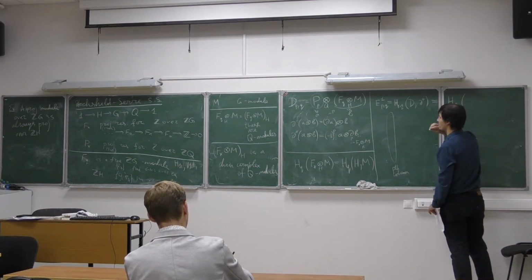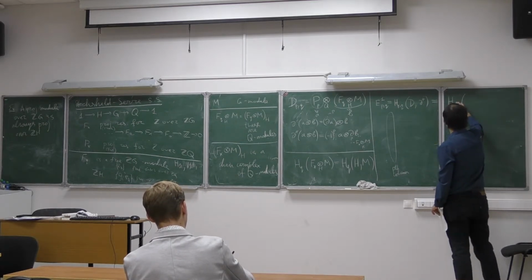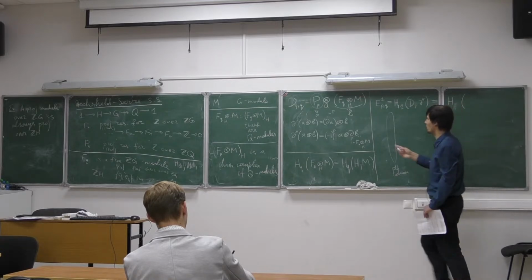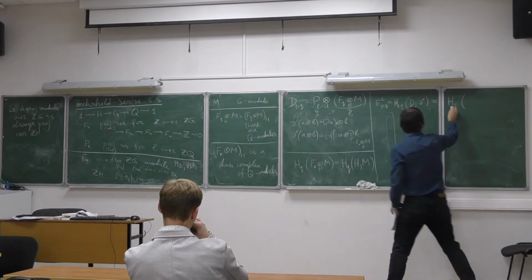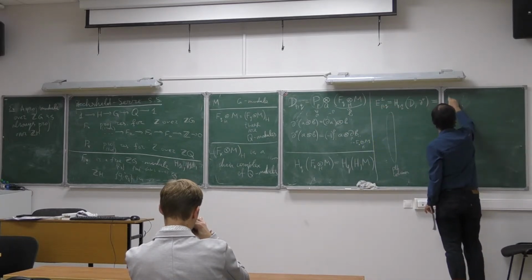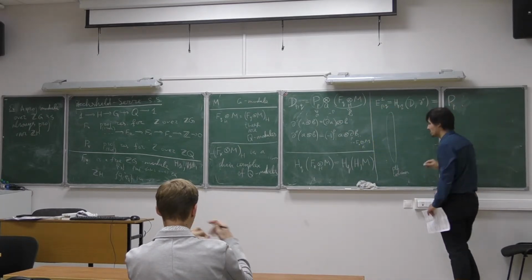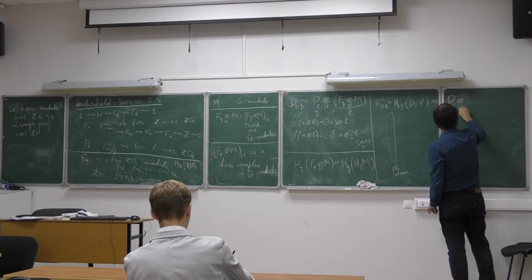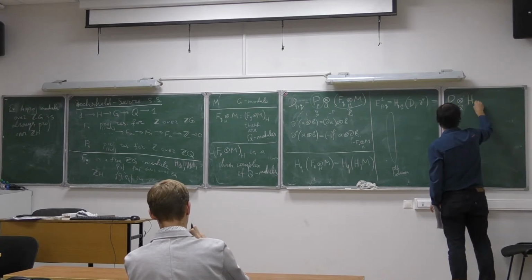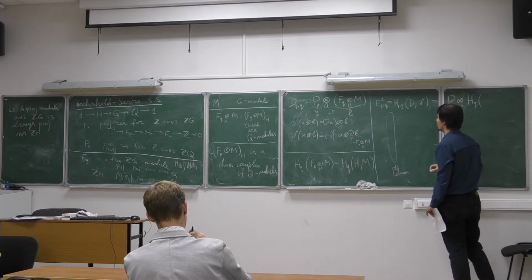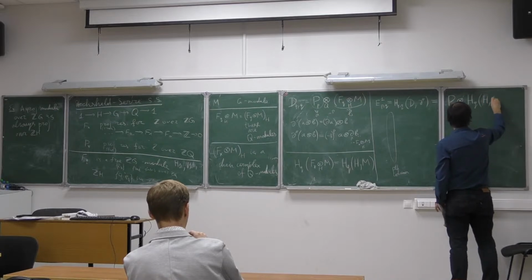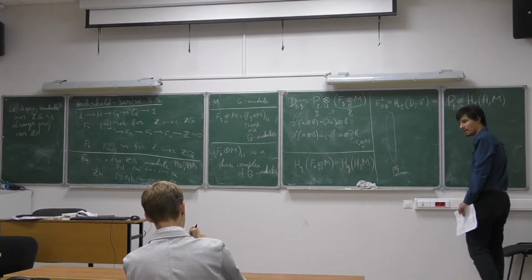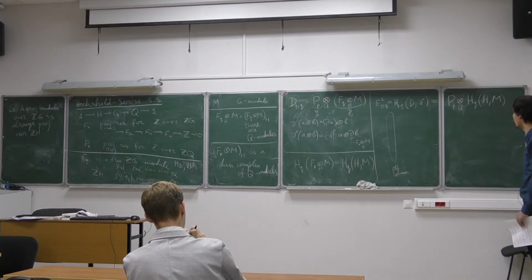So we immediately see that this is... sorry, not the Qth homology, but we have P index P over Q by Qth homology of H with coefficients in M. Well, that is exactly our result.